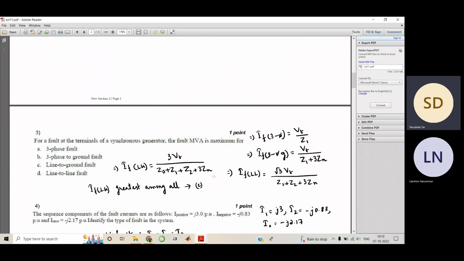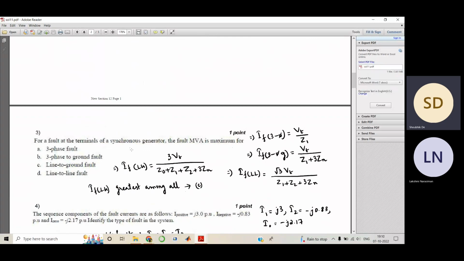Because at the terminals of the synchronous generator, your Z0 is very low, and also if you see, your line to ground fault current is three times the positive or negative sequence current. So that is why this line to ground fault is considered to be the most severe at the terminals of the synchronous generator.